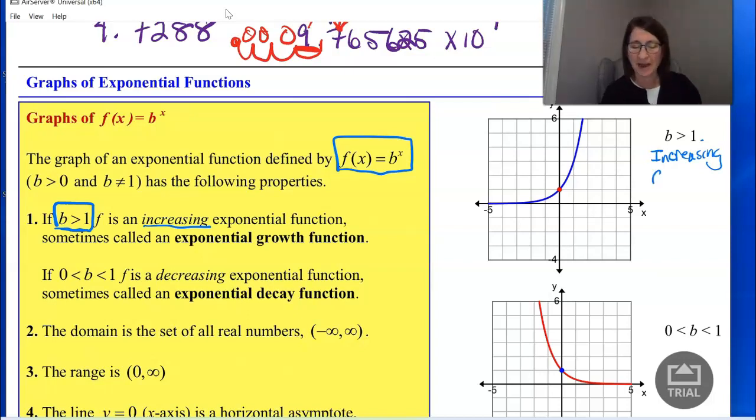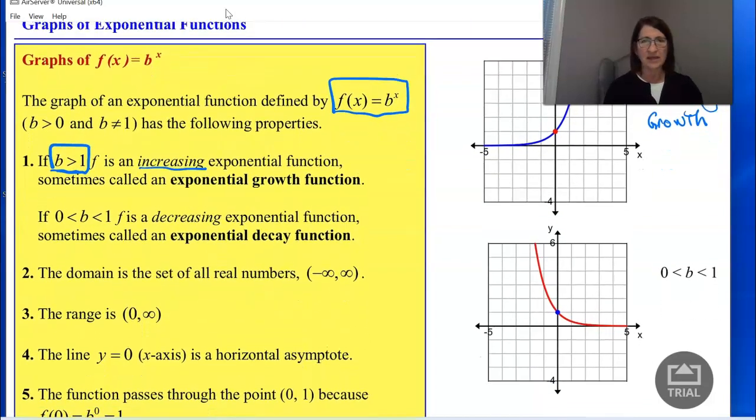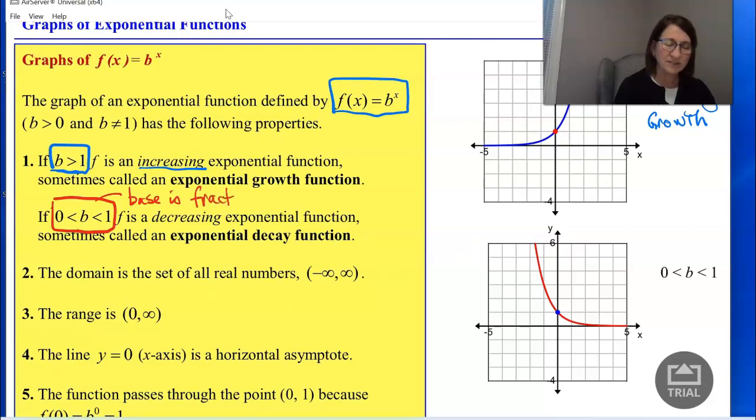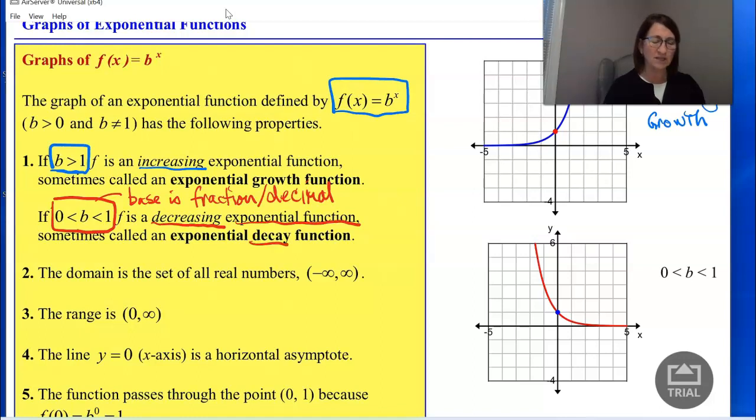Sometimes this is referred to as a growth function. Now, if your base is between 0 and 1, so that means your base is a fraction, or the decimal equivalent, usually a proper fraction though, then we would say it's a decreasing exponential function, or a decay.